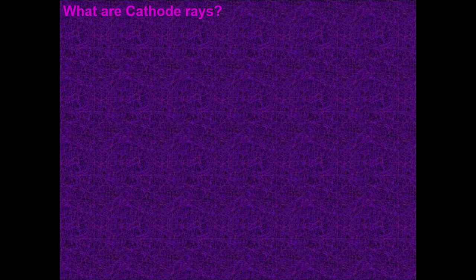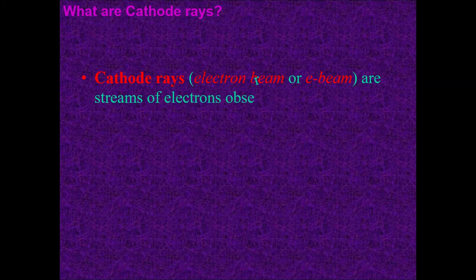We should now have rays and not the electric circuit. Basically, cathode rays are simply the electron beam, or what we call the E-beam. They are streams of electrons observed in discharge tubes. Basically, we're going to look at examples of discharge tubes.